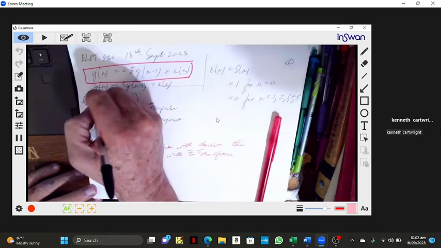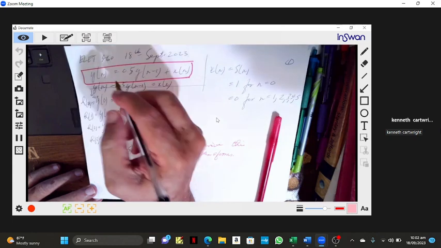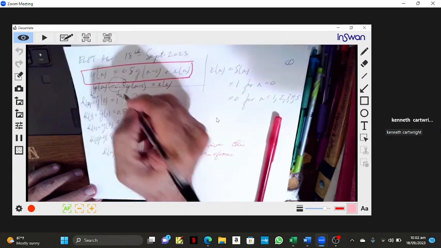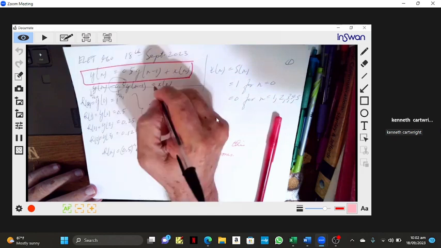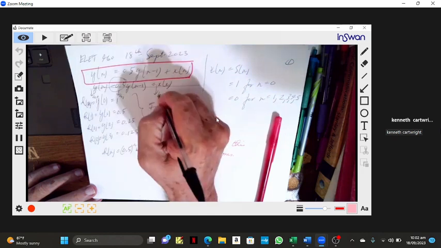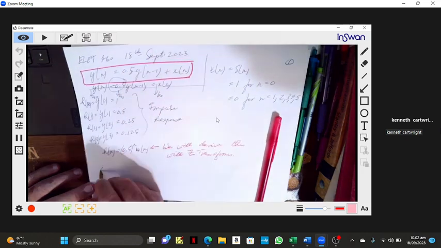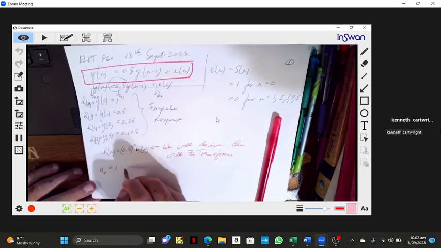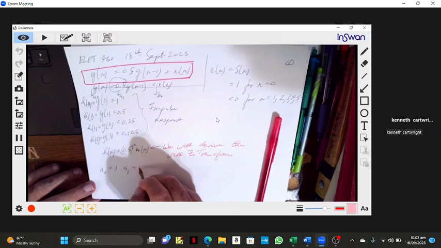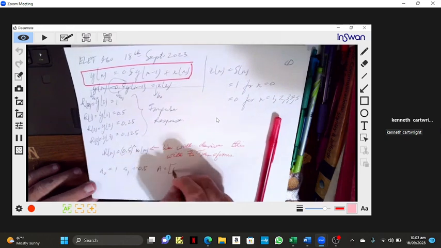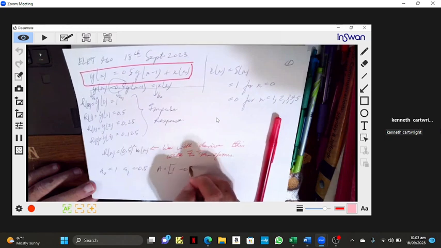This is A0. That's A1. And that's B0. So clearly A0 is 1, A1 equals negative 0.5. So the A vector is 1, negative 0.5.